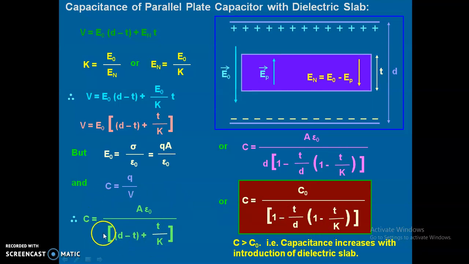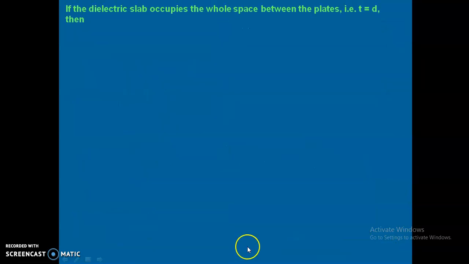The best way is to use it over here, t is equal to d. So obviously this term will be cancelled out, 0. So finally we can write C is equal to K C naught. Why K C naught? Because the d minus t term will vanish, or we can say will become 0.